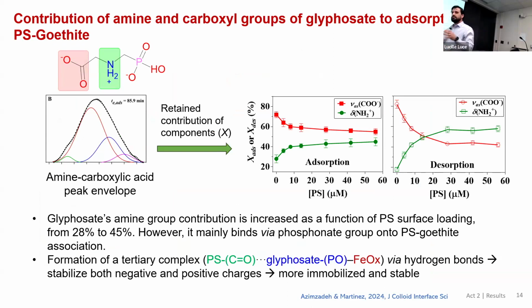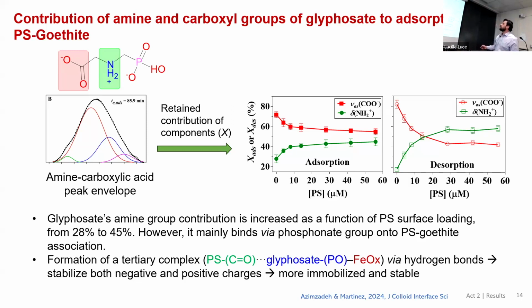Again, I like to dig more into detail, and I looked at the carboxylamine versus carboxylic acid versus amine group. So I deconstructed the peaks, and this is the deconvolution analysis. If I look at the contribution of these functionalities, I can find how important they are in interaction during adsorption and desorption.